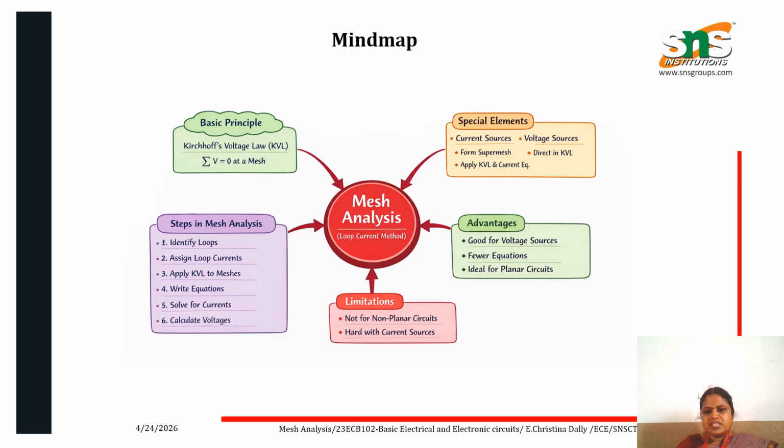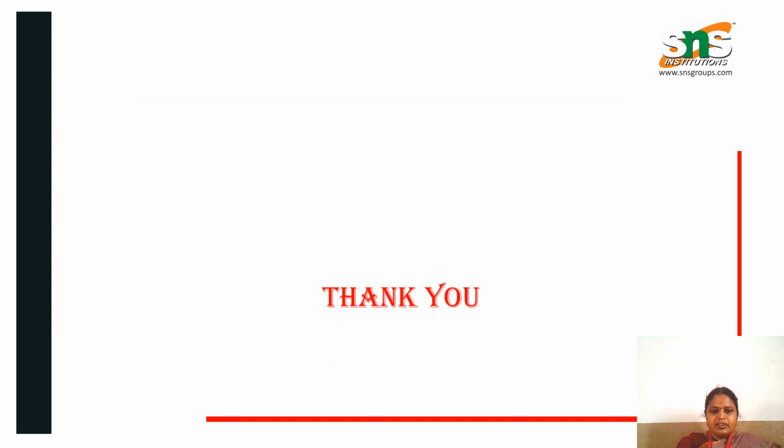The special elements are the current source and the voltage source. Advantages: it is good for voltage sources, there will be fewer equations, and it is ideal for planar circuits. So these are the limitations of mesh analysis. Thank you.